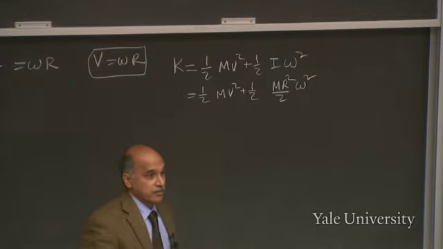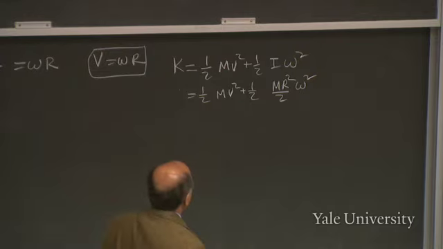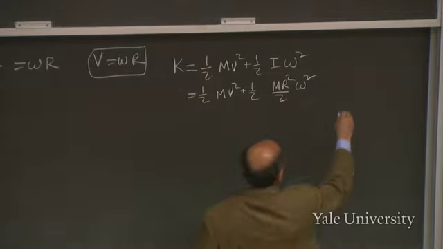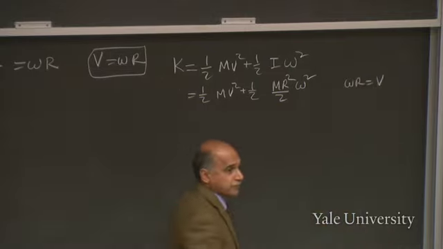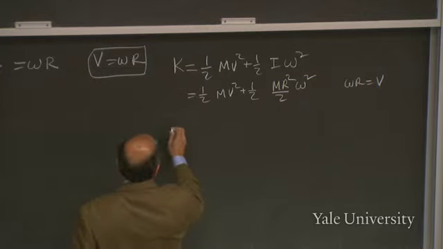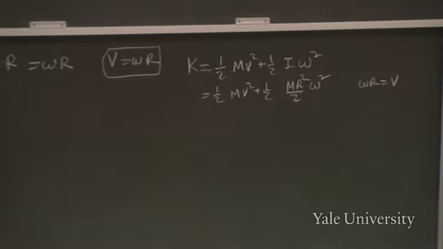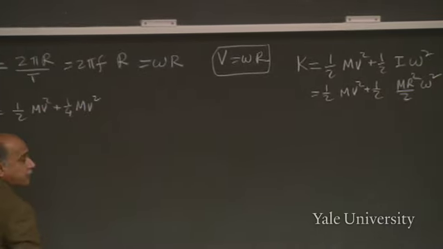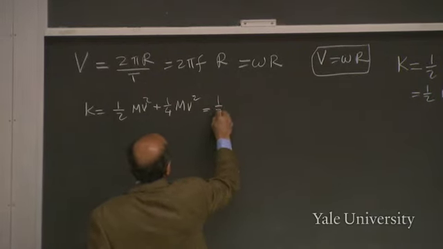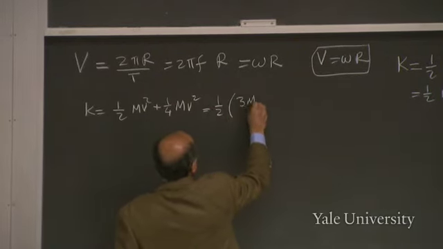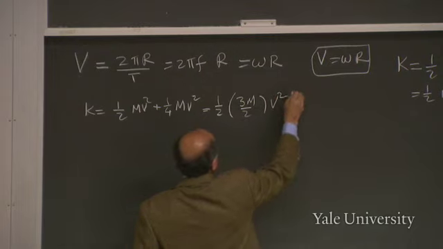I've not done anything different. But now we must remember that omega r is the velocity of the car. So if I do that, I find, going back to this corner here, K equals 1/2 mv squared plus 1/4 mv squared. So you can write it as 1/2 times 3m over 2 times v squared.